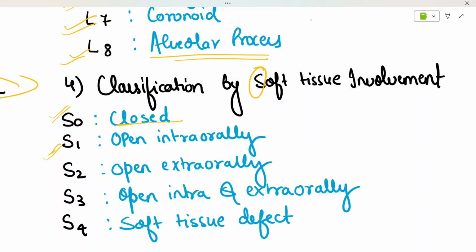If it is open extraorally, then S2. If it is open both intra and extra, then S3. And if it is a soft tissue defect, then S4. That means the earlier ones were just communication, but in the fourth, some major soft tissue is also trapped in the fracture line.